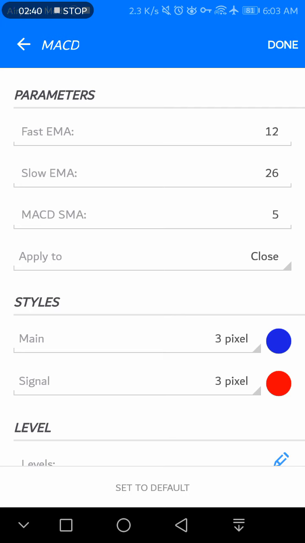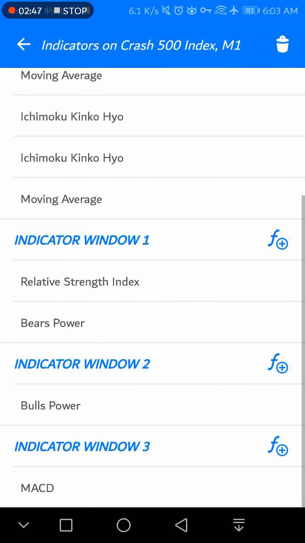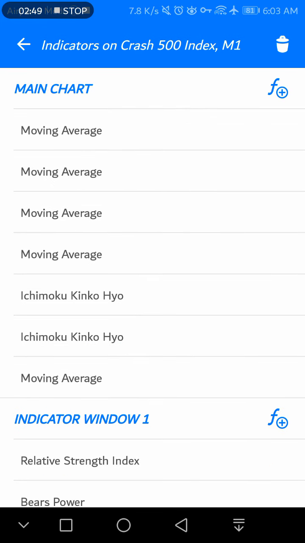Apply to close and choose the same colors as shown in the video, and make sure you have added all these indicators. Okay, let's see how to trade using these indicators.